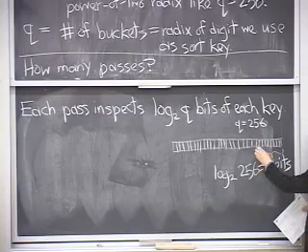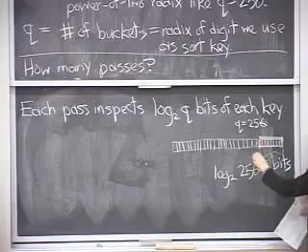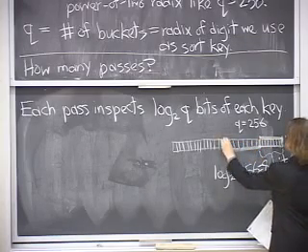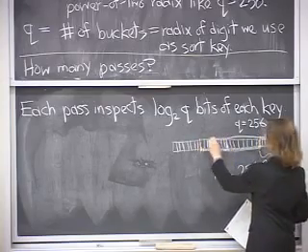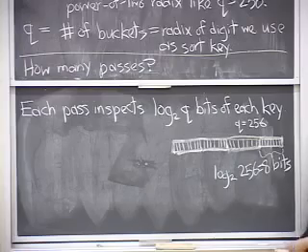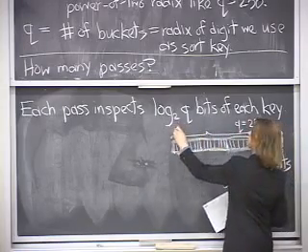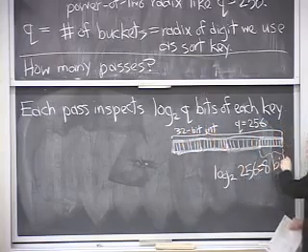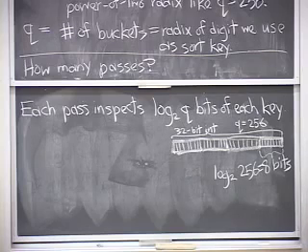So on the first pass, you can sort on these bits. In the second pass, these bits. And on the third pass, these bits. And on the fourth pass, these bits. So having a 32-bit int and being able to sort 8 bits at a time means you have to do 4 passes.